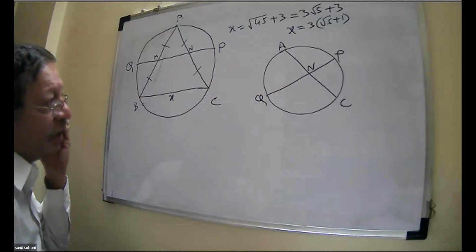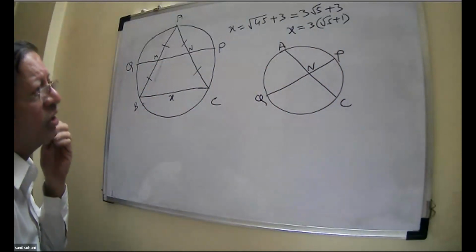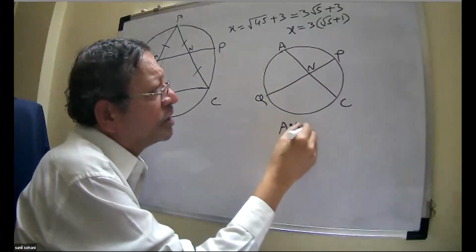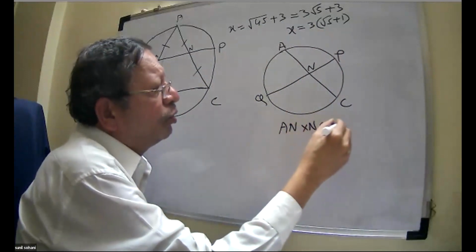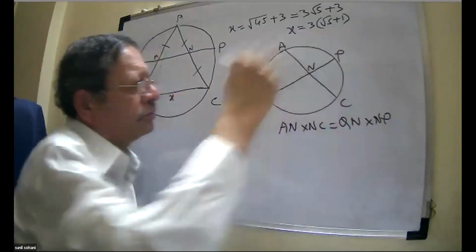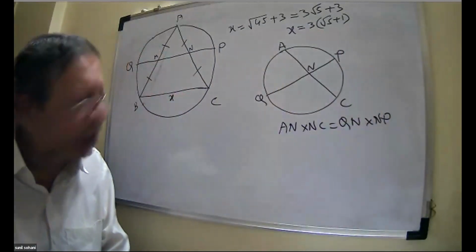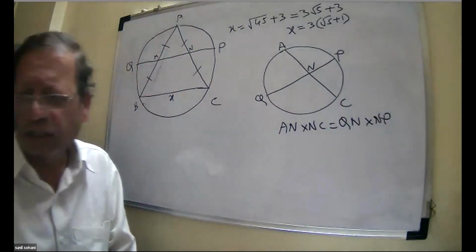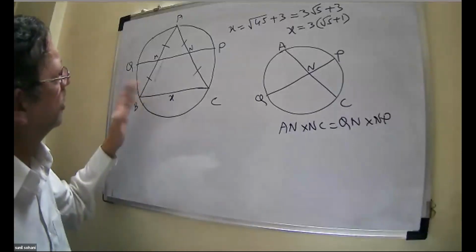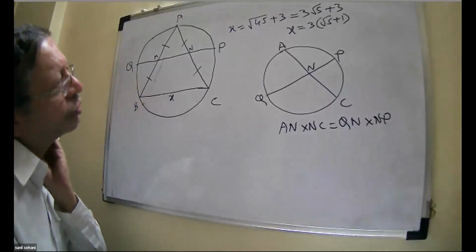When two chords intersect each other inside the circle, the product of the chord segments AN into NC is equal to QN into NP. This is our circle chord intersection theorem. We are going to use this here.